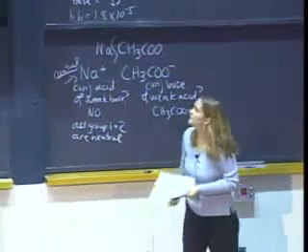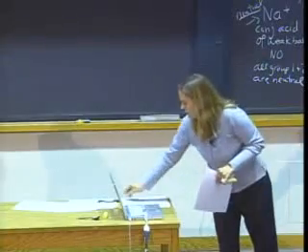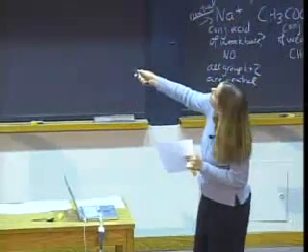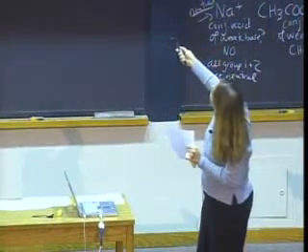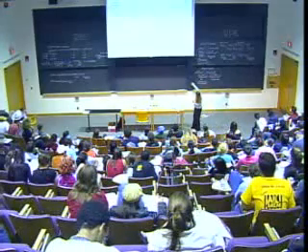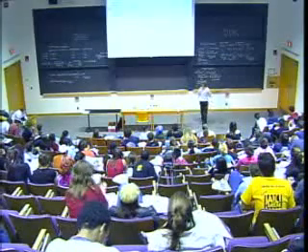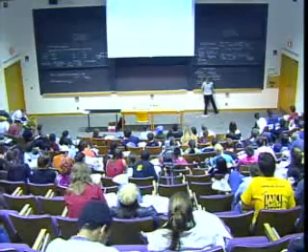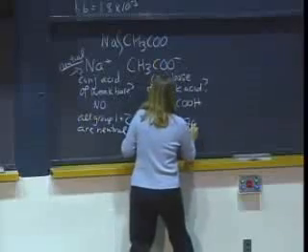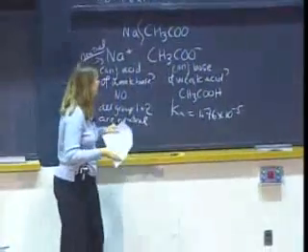And we can look to see if that is a weak acid. We can look it up here, and we have 1.76 times 10 to the minus 5. So is that a weak acid? Yes.